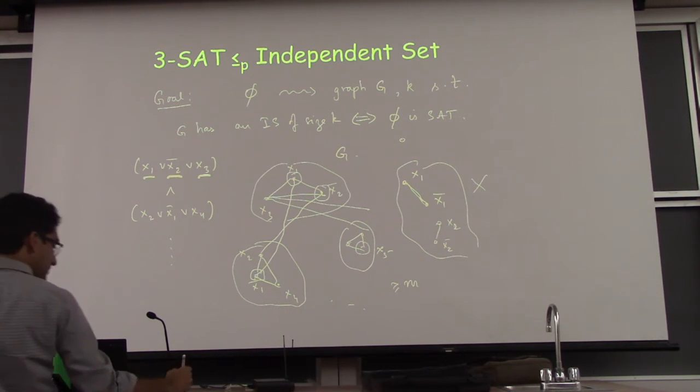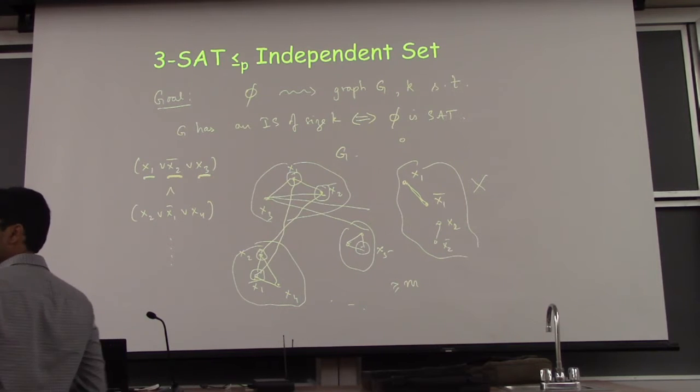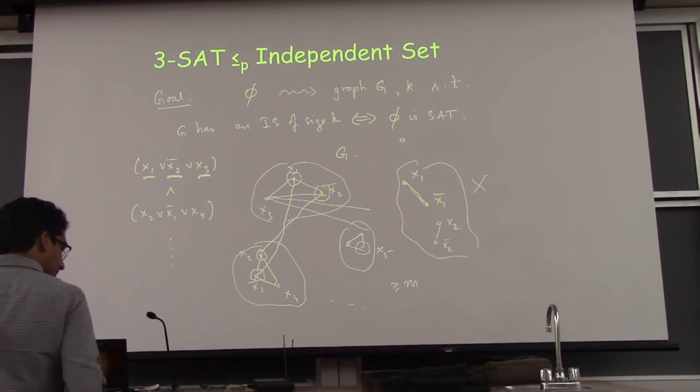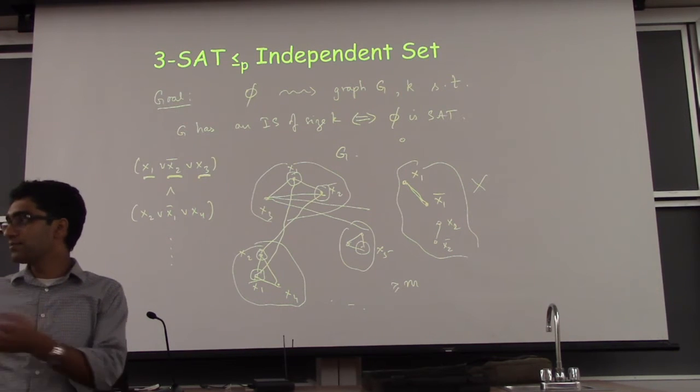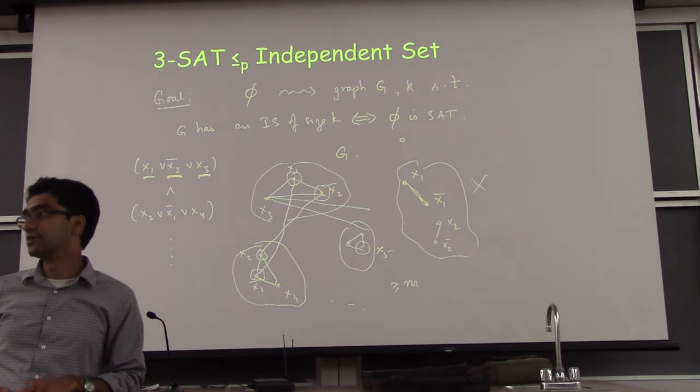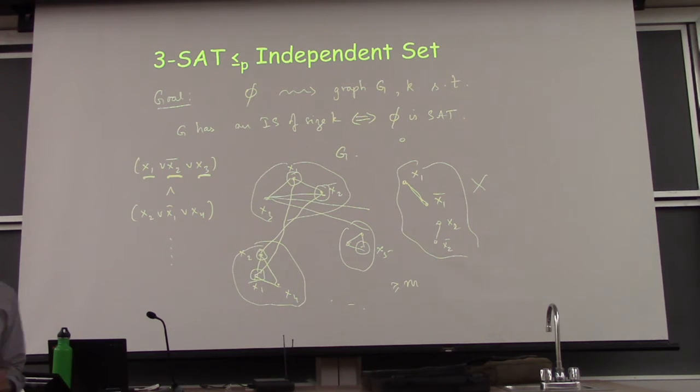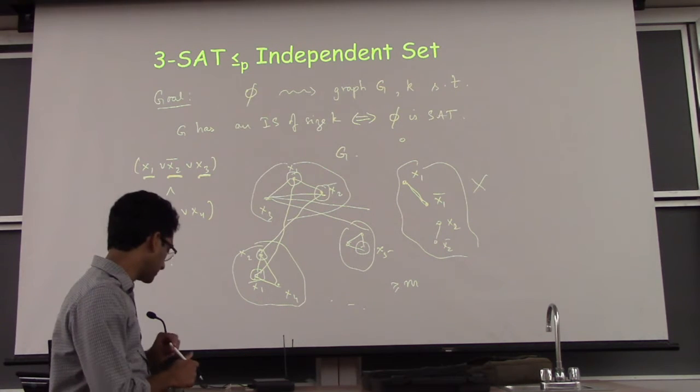So I must have picked something else. And so on. This will always lead to a satisfying assignment if you could find an independent set of size m. And if there are multiple satisfying assignments, you will have multiple independent sets. So good. Any other questions?